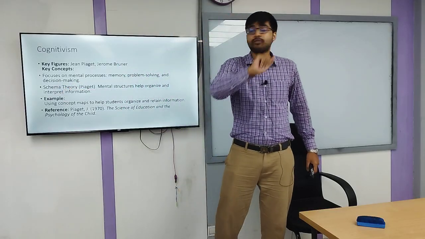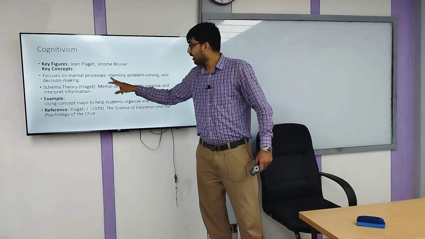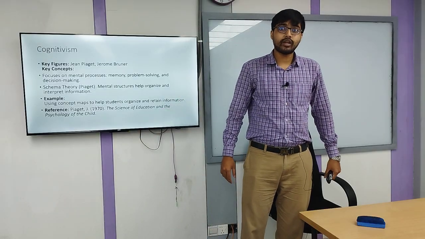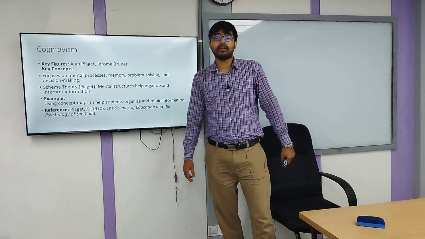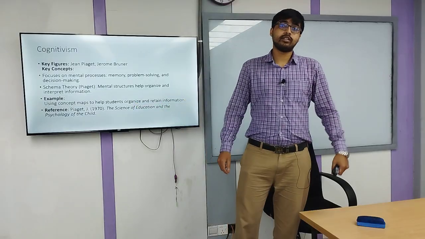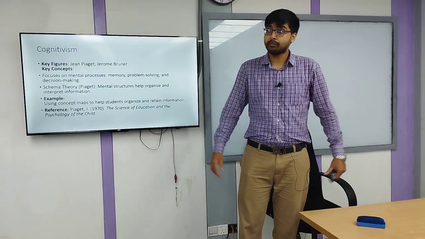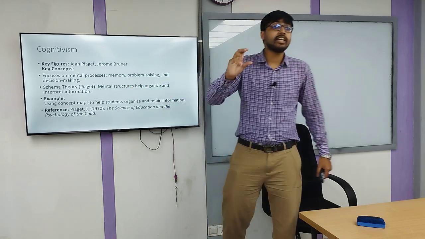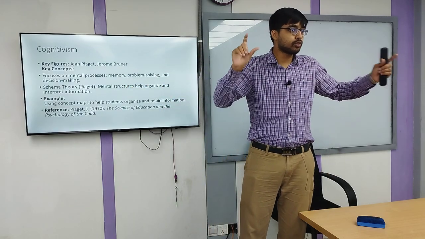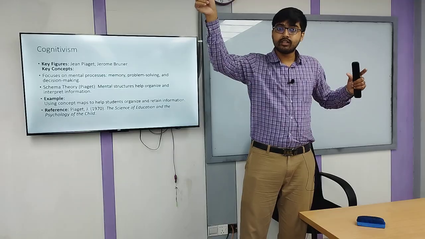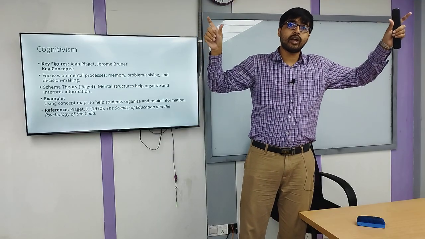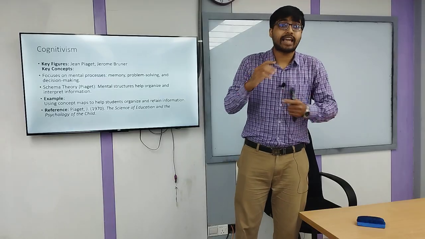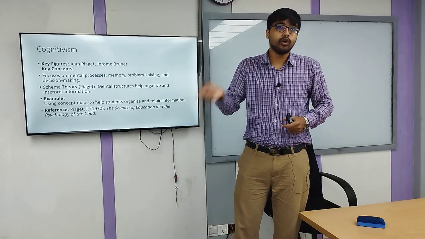For example, we can learn by memorizing vocabularies. We can learn by memorizing theories, new theories, mathematical theories also. We can learn by problem solving, mathematical equations. Math has two different parts: one is theories, another is equations or calculation. So problem solving basically includes calculation, 2 plus 2 is 4, 2 into 2 is 4.